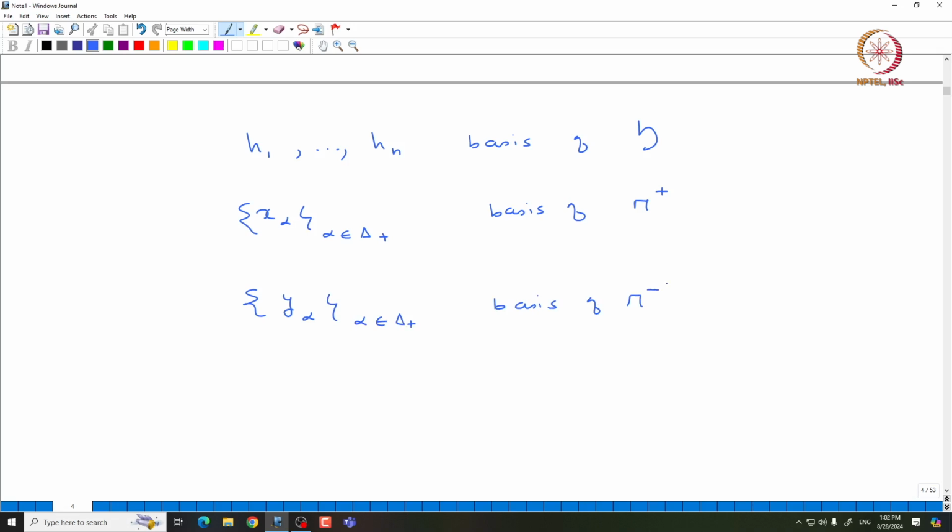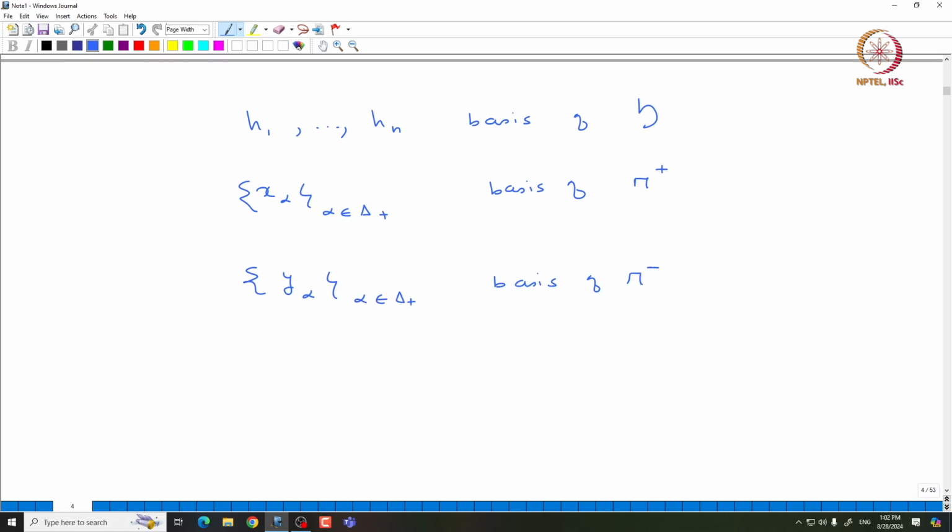With these bases it is easy to find the dual basis, and one can write down the corresponding dual basis, but before that let us observe the following. It is natural to set x minus alpha to be y alpha, and y minus alpha to be x alpha, for all alpha in Delta plus.